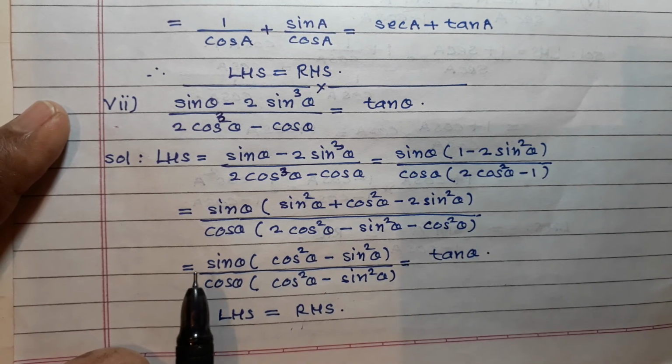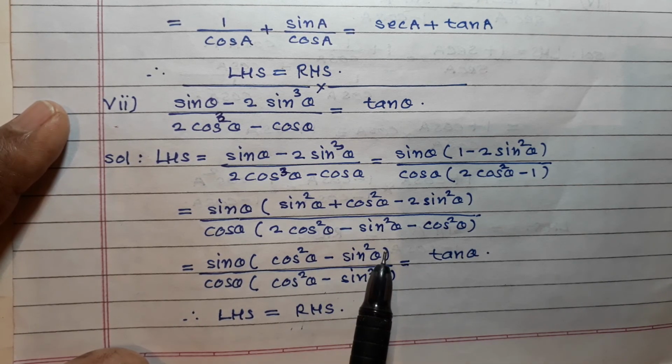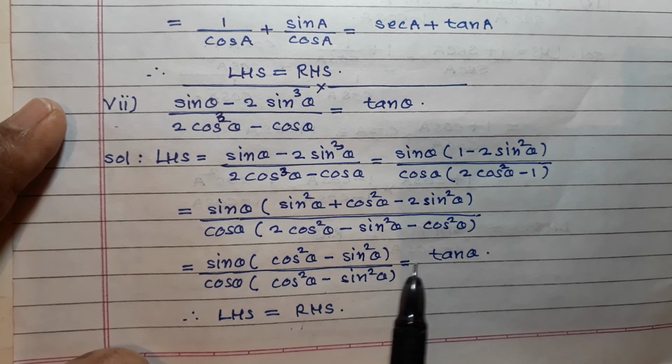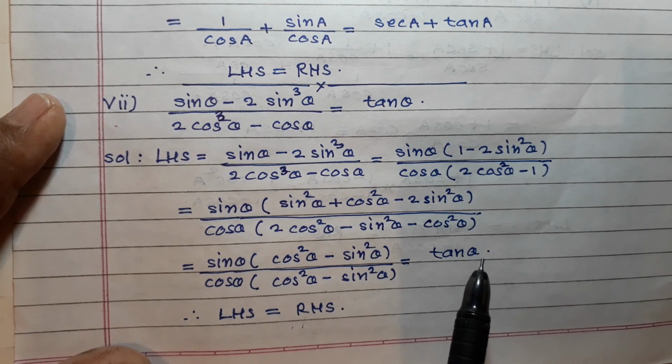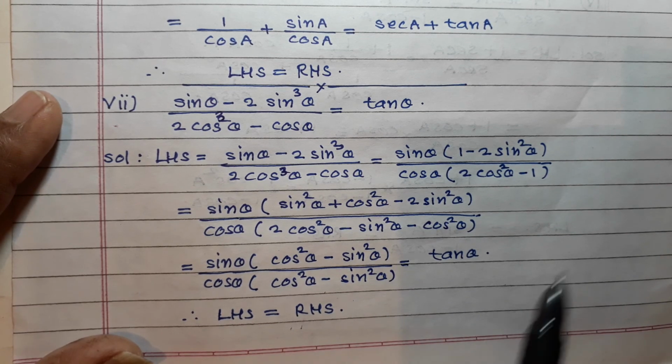So this is equal to sin theta into bracket (cos square theta minus sin square theta) upon cos theta into bracket (cos square theta minus sin square theta). So this bracket and this bracket are the same, get cancelled, and it is equal to sin theta upon cos theta, which is equal to tan theta, and hence left hand side is equal to right hand side.